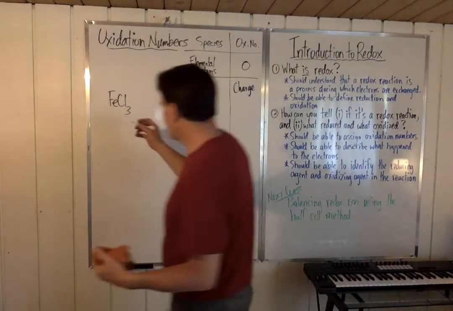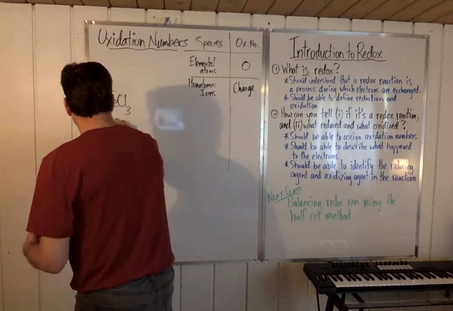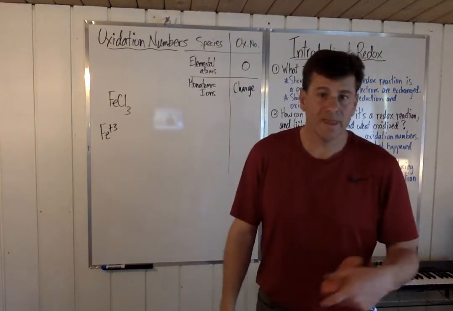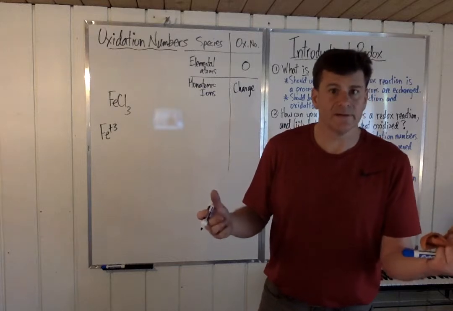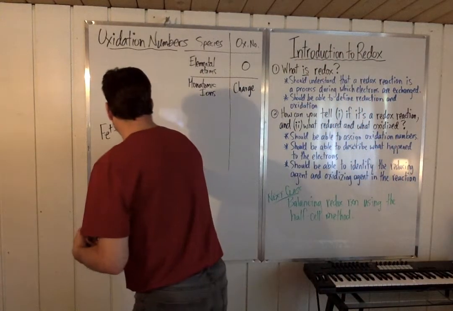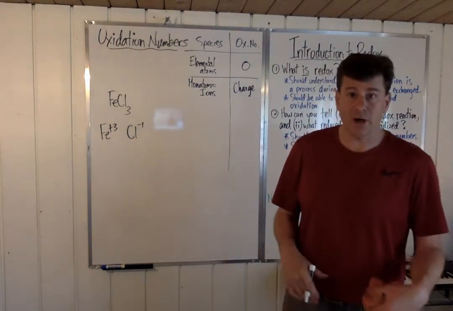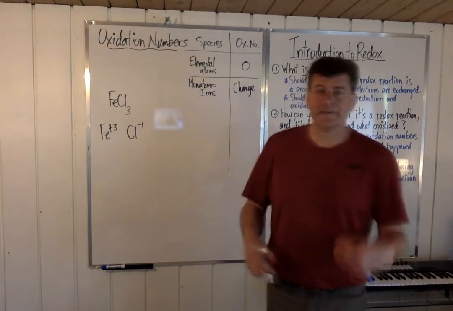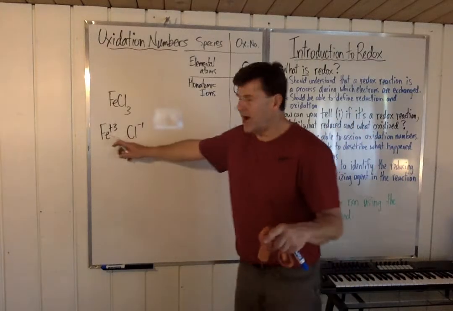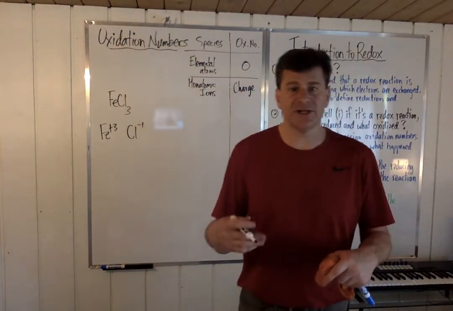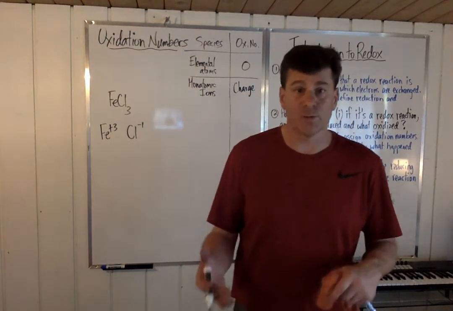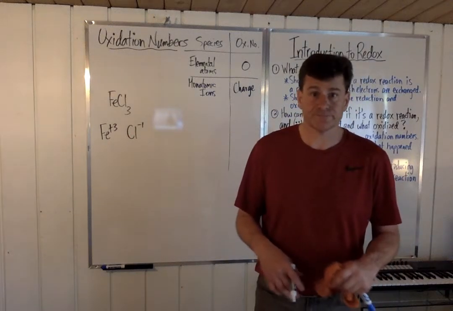The monatomic ion Fe+3, and then what is the anion there? Well, it's Cl-1. Granted, there's 3 of them in that compound, 3 chlorides in there. But the oxidation number of the iron is +3. The oxidation number of the chloride is -1 because they're monatomic ions.